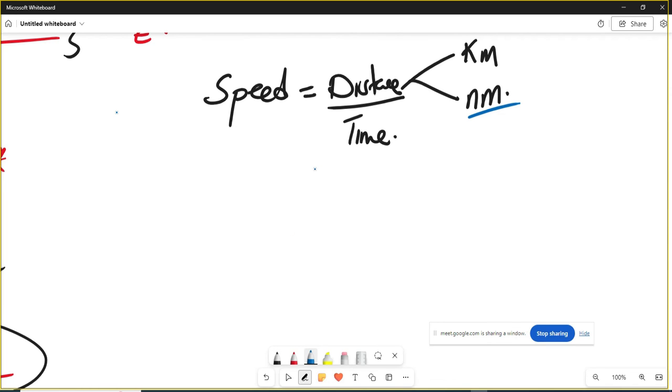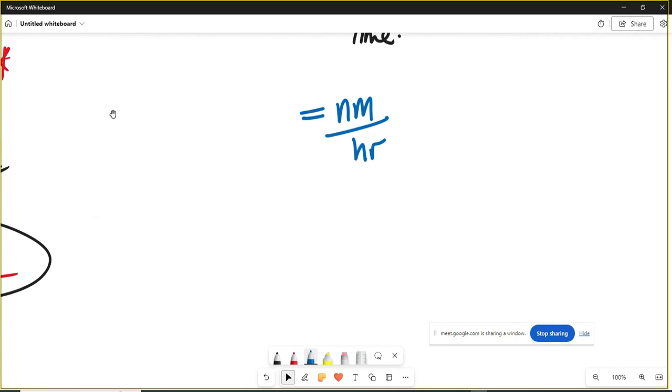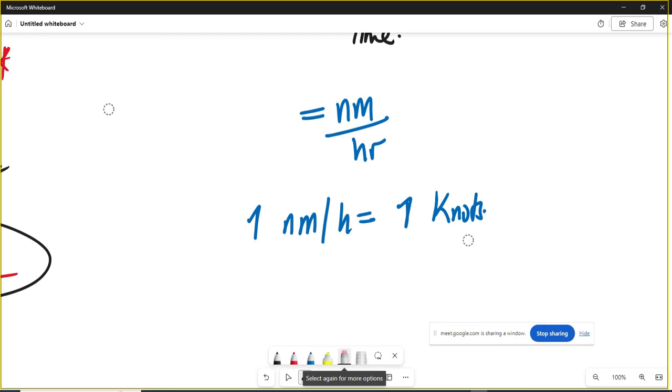So if your distance is in nautical mile, and your time is in hours, this nautical mile over hours is what we are referring to as the knots. So in short, 1 nautical mile per hour is equal to 1 knot.